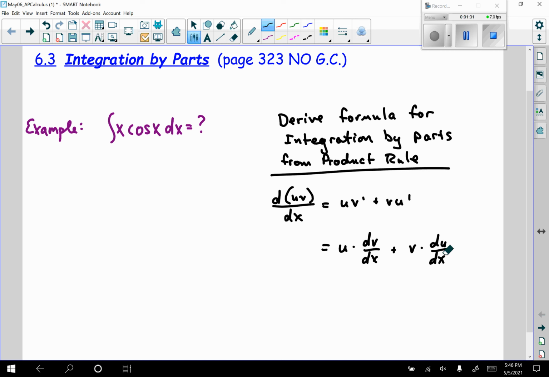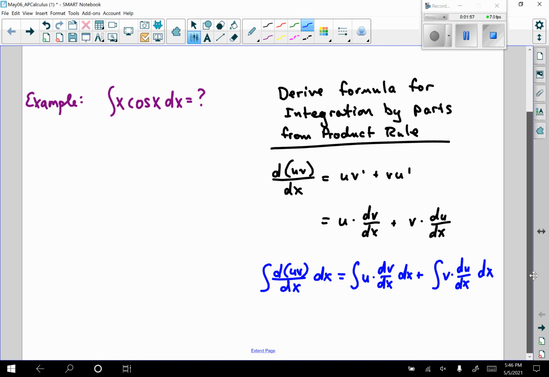And then we're going to integrate both sides. So now I'll have the integral of the derivative of u times v over dx, and we still need to put the dx next to that, and this is going to equal the integral of u times dv over dx, dx, plus the integral of v times du over dx.